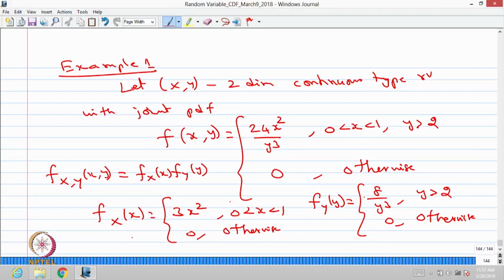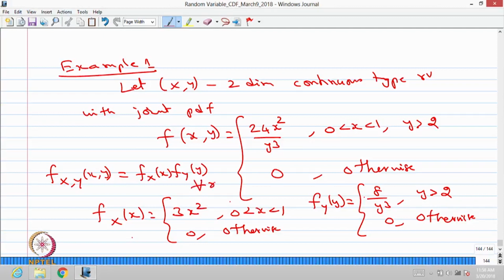Not only that, the range of 3x square is 0 to 1, and for 8 divided by y cube, the range is y greater than 2, which is same as if you make a product, that is 24 x square divided by y cube, and the range of x is 0 to 1 and the range of y is 2 to infinity. That is same as the joint probability density function of 24 x square divided by y cube when x lies between 0 to 1 and y is greater than 2. So, the interval matches and the value matches, 0 otherwise matches.